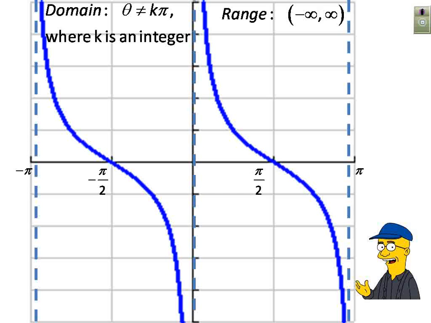Now the range, of course, is going to be negative infinity to infinity. And the period. Notice the period is just going to be pi because you can see that the graph of cotangent does everything it's going to do between its asymptotes. And its asymptotes are pi units apart.